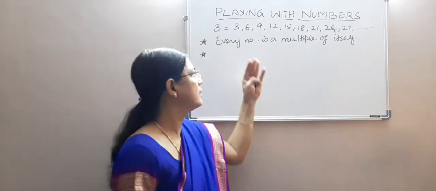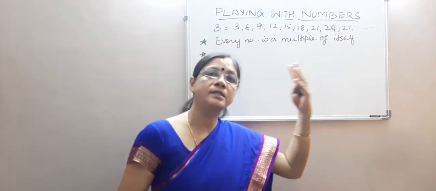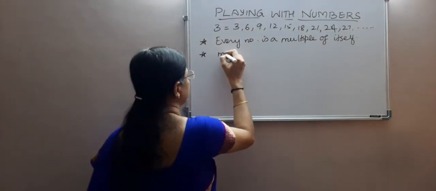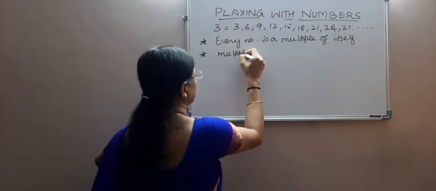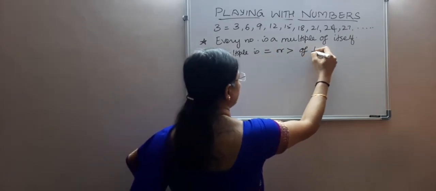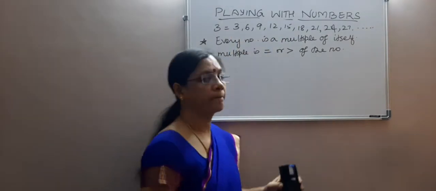It is not less than 3. It starts with 3 and moves forward. So every multiple is equal to or greater than the number. Do you understand? By seeing that we can see.